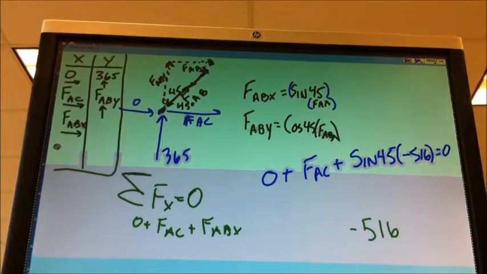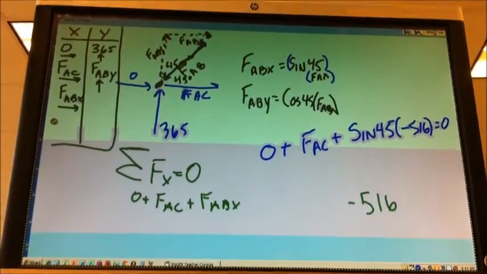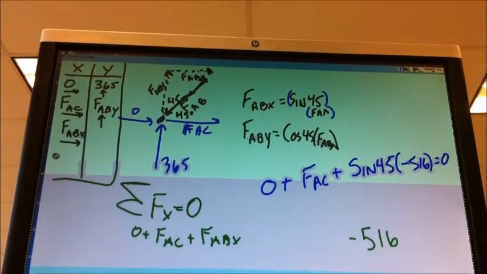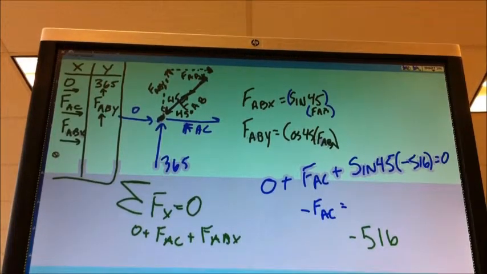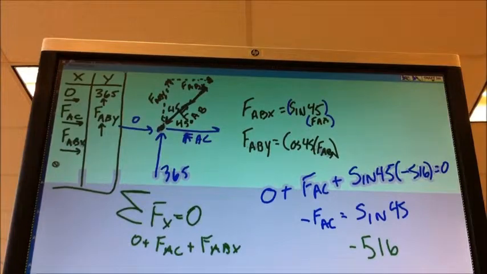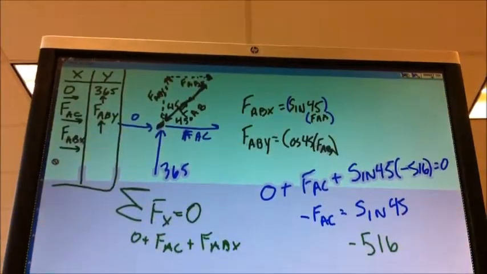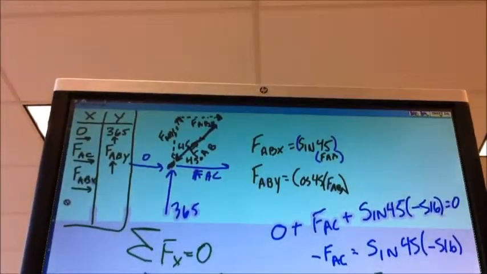It's going to equal 0. So in this case, we can move FAC over, so we get technically a negative FAC equal to sine of 45 times negative 516. Calculate that out.